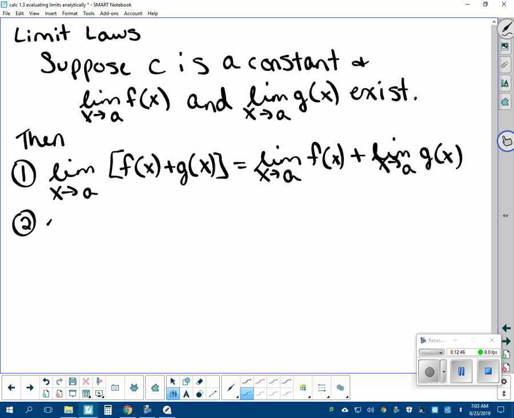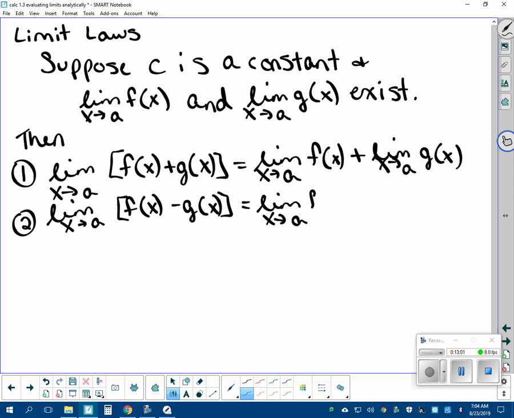Number two is that same rule, but for subtraction. So you can take the limit of each function individually and then subtract to get your answer, versus having to subtract the functions first and then take the limit.